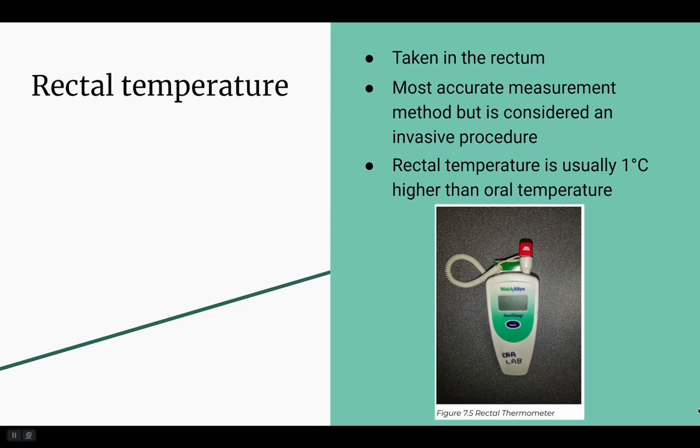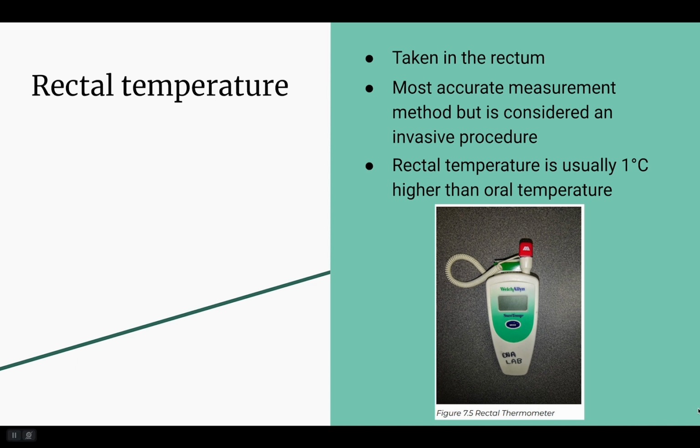Rectal temperature is taken in the rectum. It is the most accurate measurement method, but is considered an invasive procedure. Some sources suggest its use only when other methods are not appropriate. However, when measuring infant temperature, it is considered a gold standard because of its accuracy.